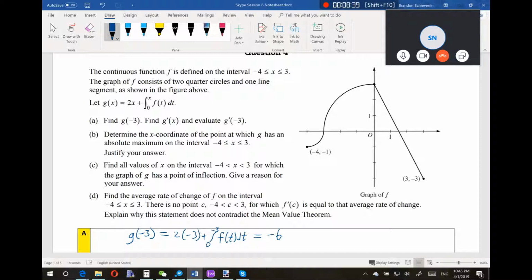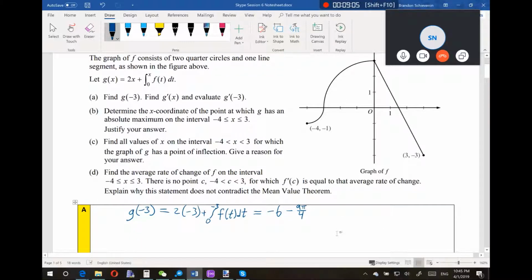So that's 9 pi over 4, but we integrated backwards. We went from an upper bound to a lower bound. So instead of adding, I'm going to subtract. I'm subtracting 9 pi over 4. Okay, so g at -3 is -6 minus 9 pi fourths.